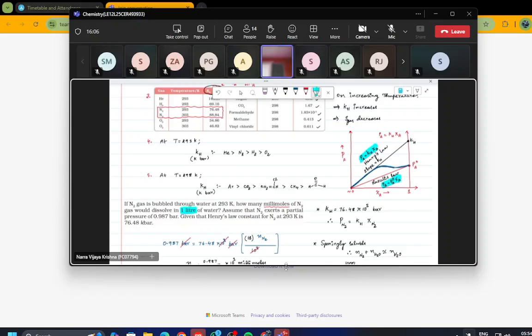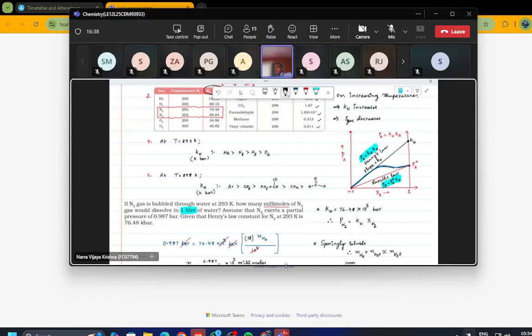Now what does this curve indicate? When XA tends to 1, KH tends to PA naught. What is the meaning of it? What is XA?